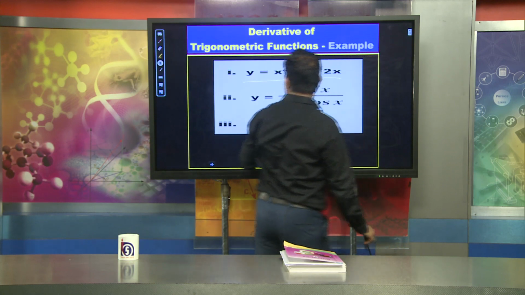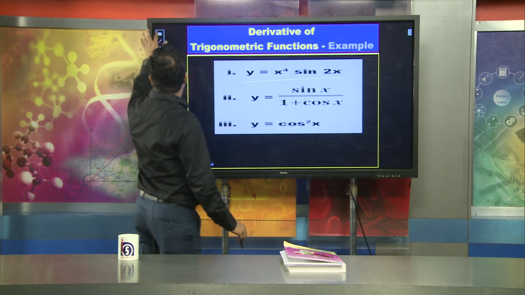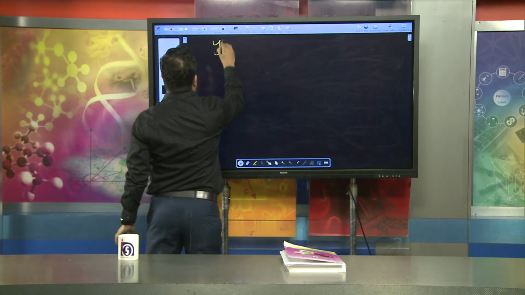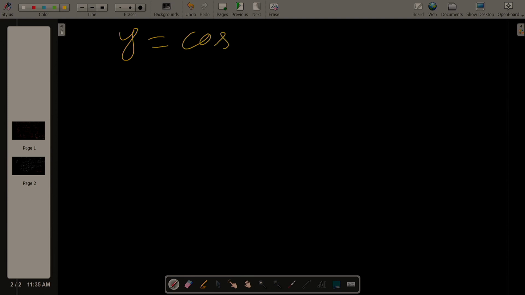The third example is very simply y equal to cos square x. Suppose I have taken y equal to cos square x. What is the value of dy by dx? What will be its derivative?